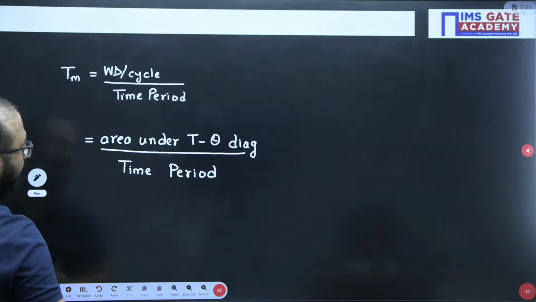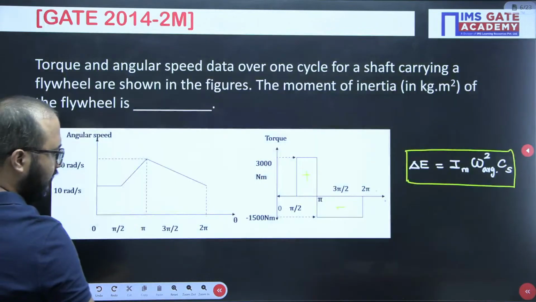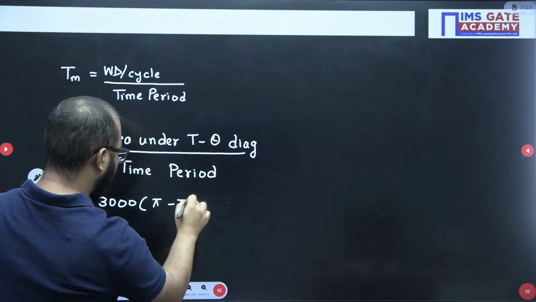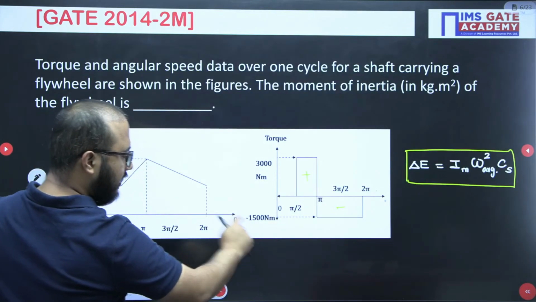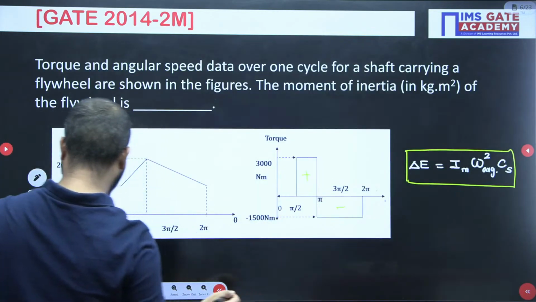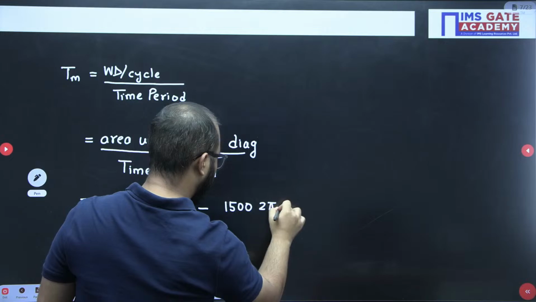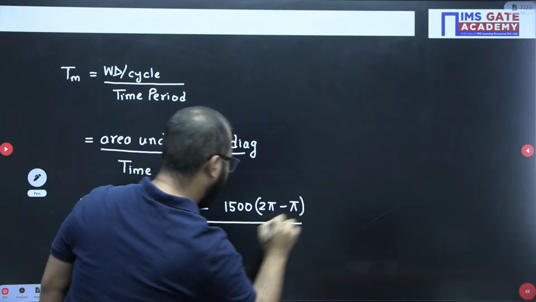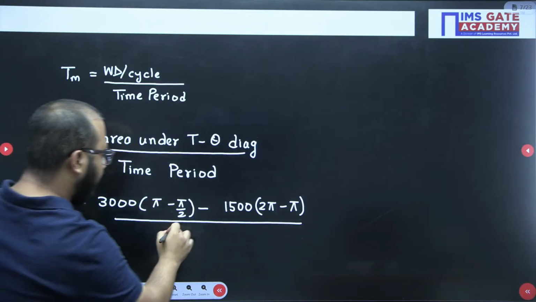So here it will be 3000 multiplied by pi minus pi by 2, then minus 1500, because it is already mentioned as minus 1500 torque, multiplied by 2 pi minus pi, divided by the time period. The time period in this case will be 2 pi, because after 2 pi the cycle is going to repeat.